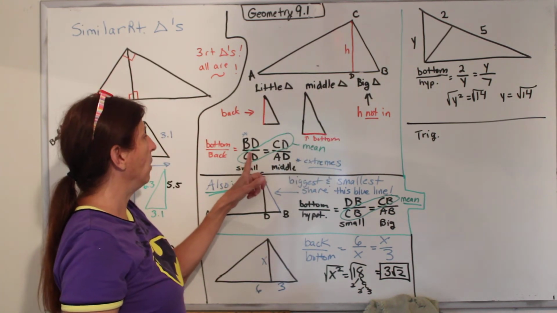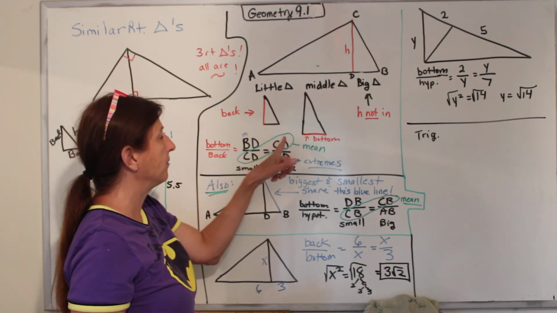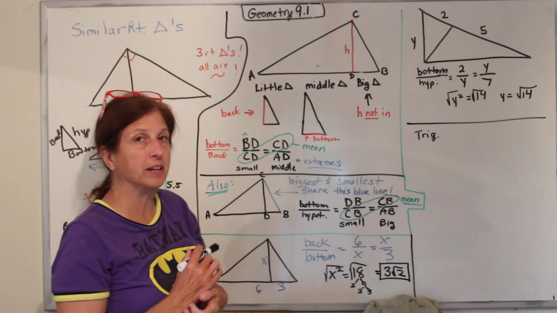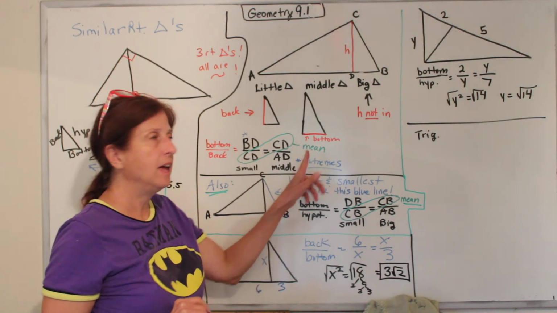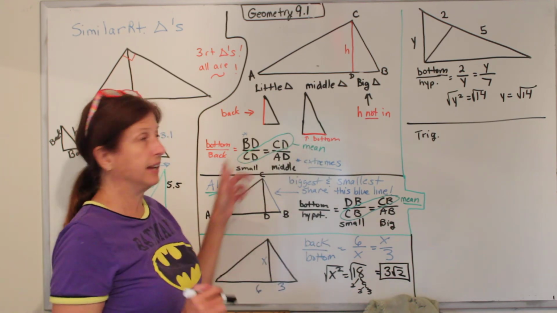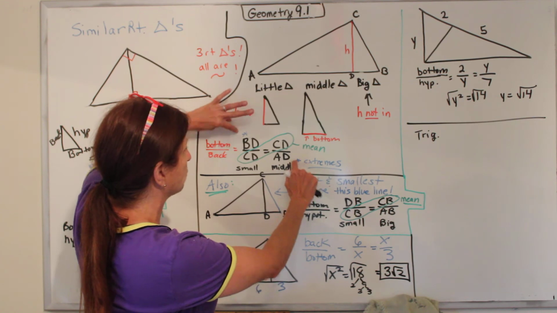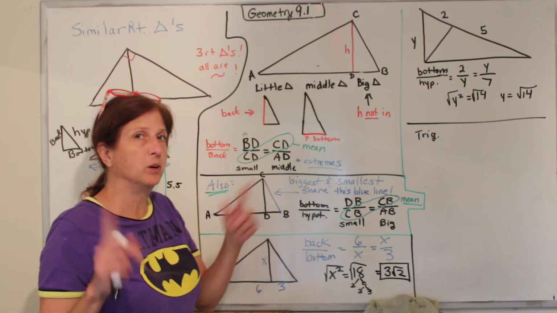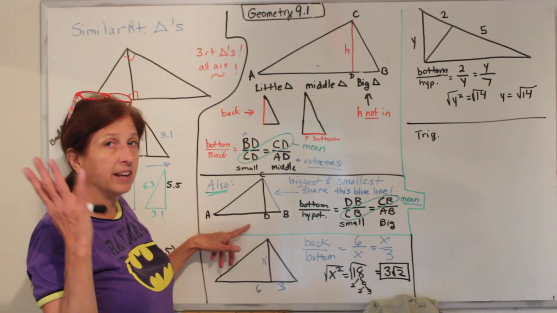Notice that what is the back of the little one is the bottom of the middle-sized one. It's the same. And if you remember, those are called the geometric mean. And remember, they can be switched. They're the same thing. And remember, these are called the extremes. Do you remember that from Algebra 1, pre-algebra, and earlier this year? If not, today's a good day to learn it.